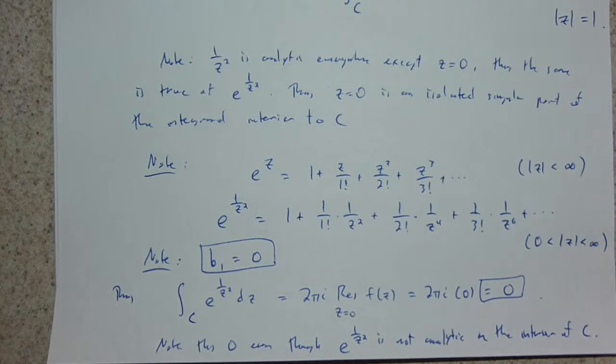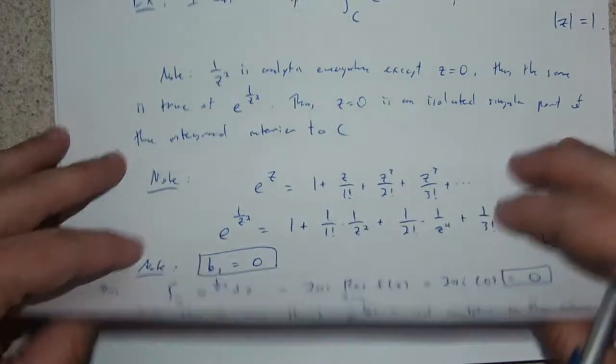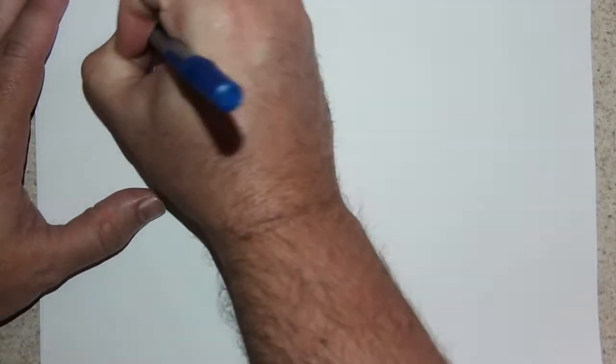That's nice to keep in mind as far as a quick way of coming up with in your head what can possibly happen at points like that. Okay. Let's do another example.